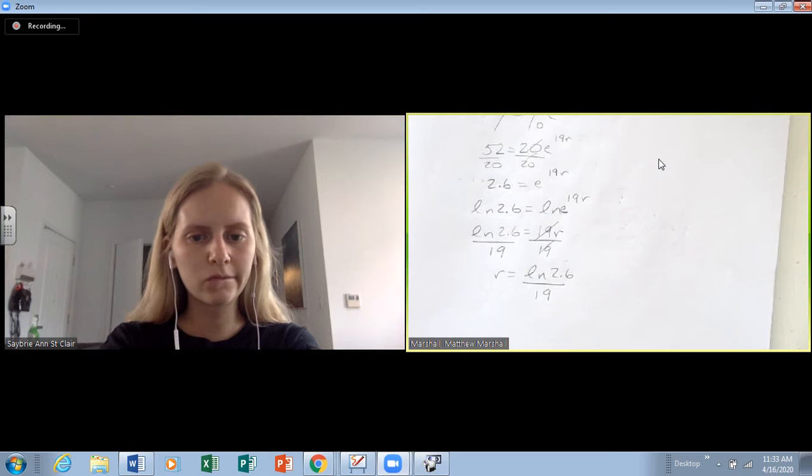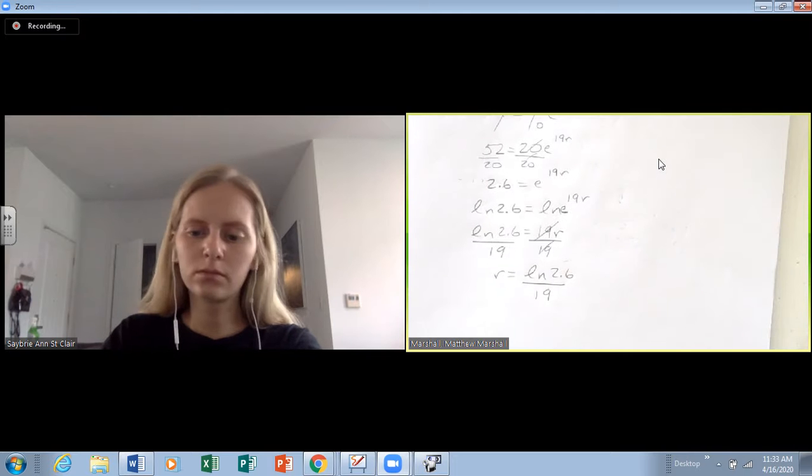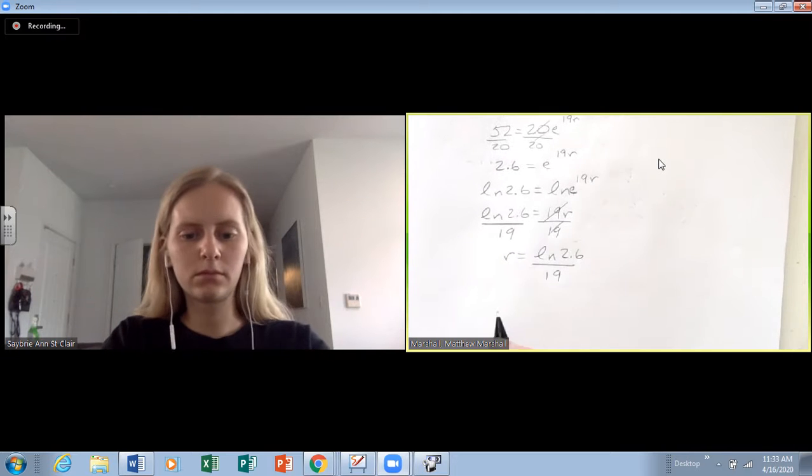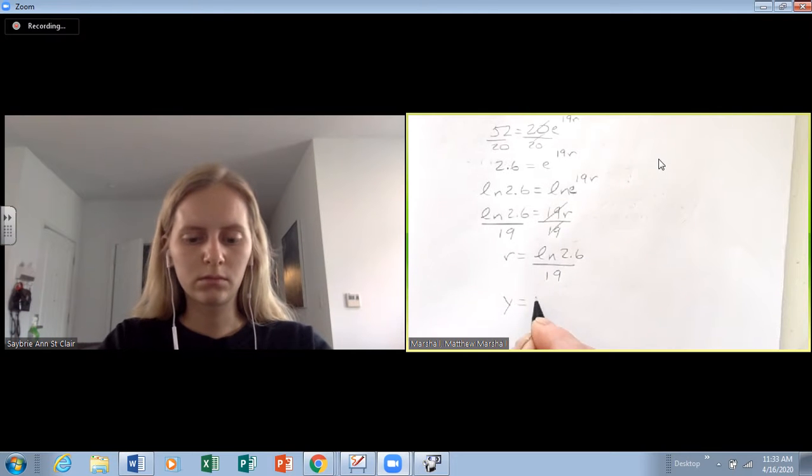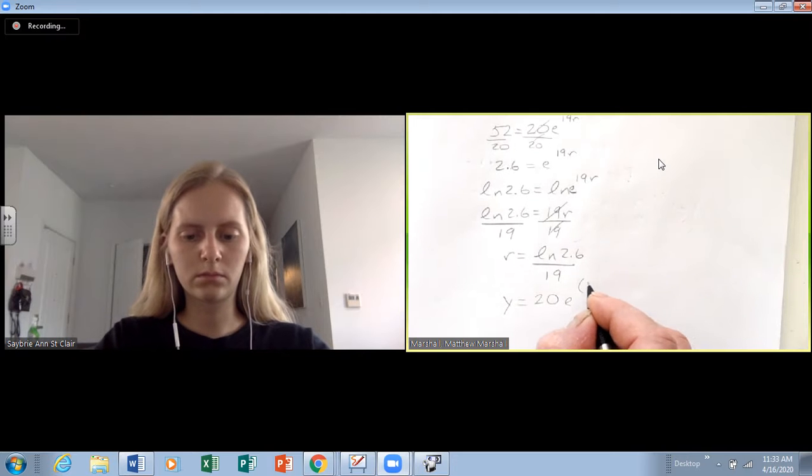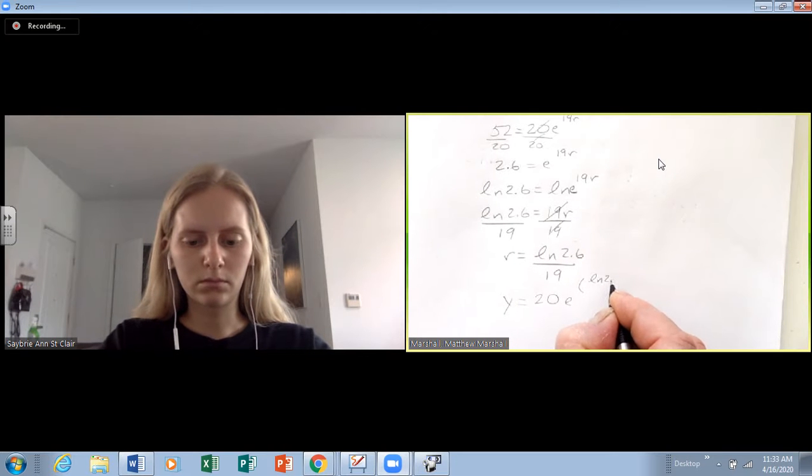And then what does he have to do? So I guess I take that r and I go back to the original equation and I write this as y equals 20 e, and then in parentheses ln 2.6 over 19 times t.